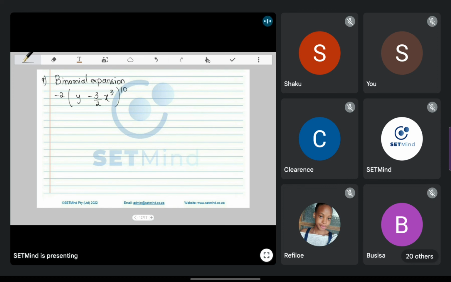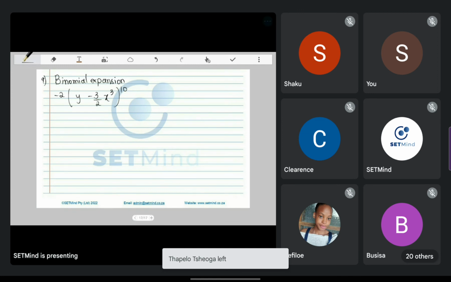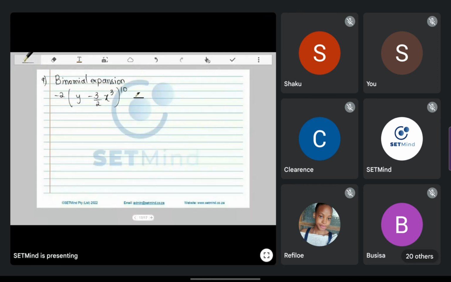Okay, and then they are asking us for the numerical coefficient of the 11th term. Okay, cool. This is nice.